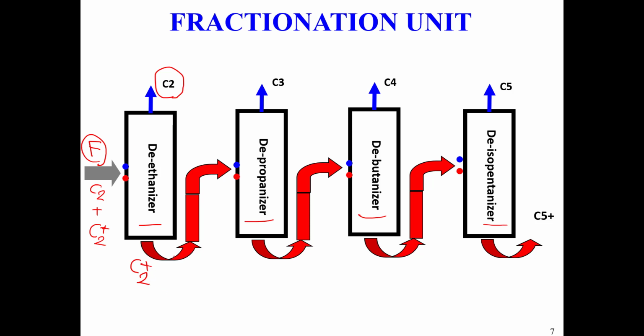This separation, in this column or in the subsequent columns, is not 100% perfect. Here you still have some heavier molecules, but the majority of this stream is ethane. Let's say 90%, 95%, 98% is ethane.